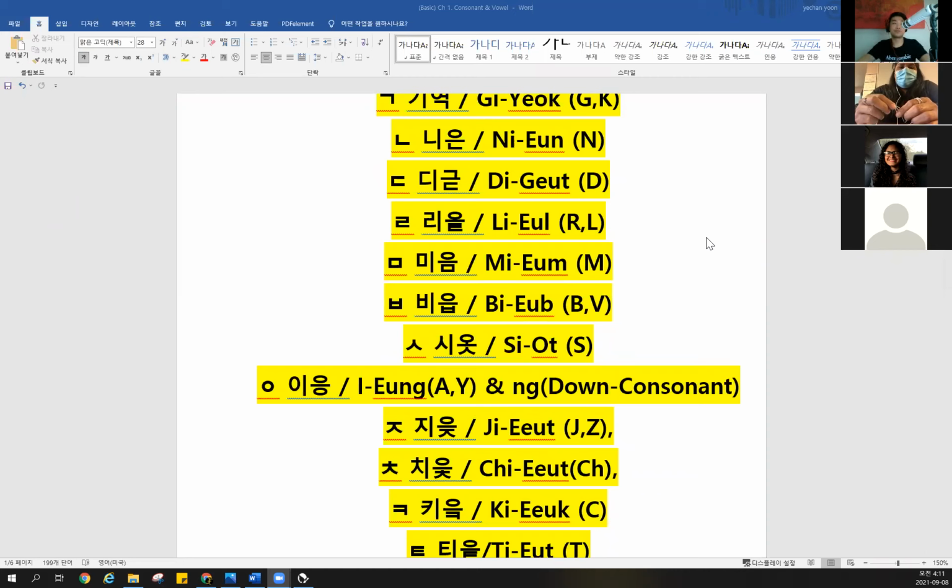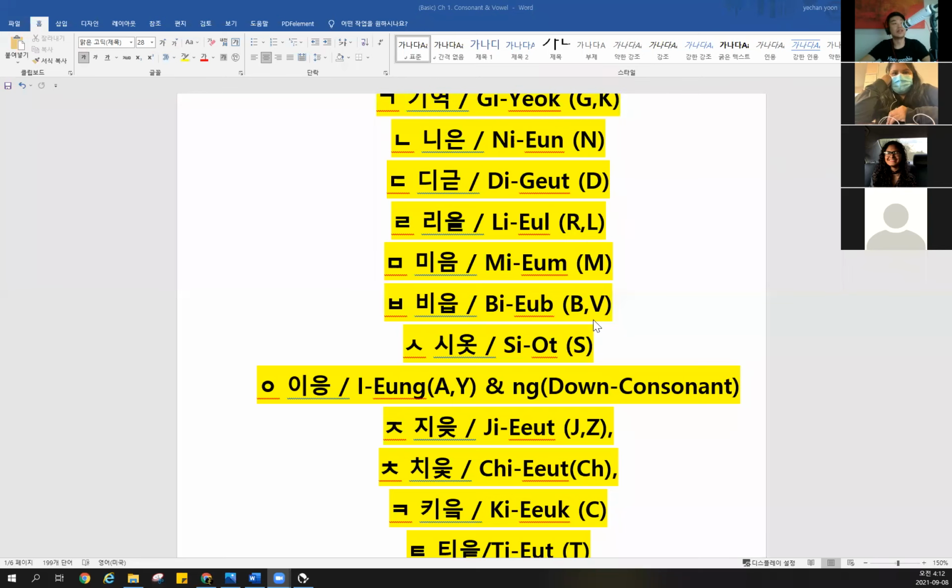It sounds like M, M, M. You can also write it with M. Next one is 비읍, 비읍. It sounds like B, B, B. You can write it with B and V, but actually it sounds like a B. As I told you, we just use a soft accent. So you can write it with B and V, but the pronunciation is B, B.